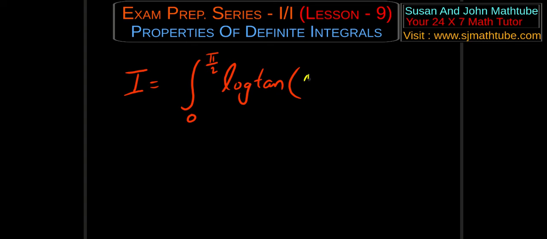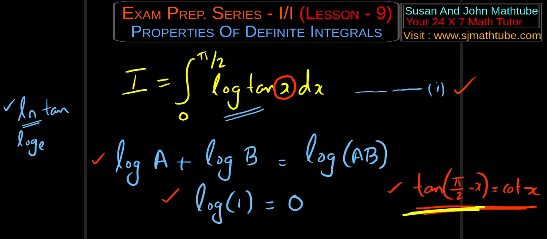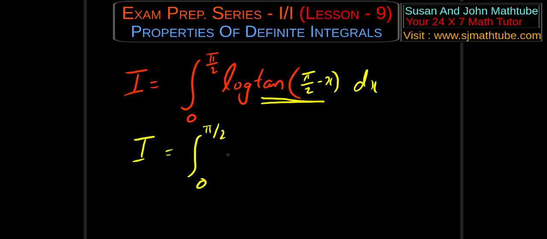So, the argument should change into upper limit minus x dx. Okay, so we end up with 0 to pi by 2. See, I told you, you should be very good with this part. What is tan 90 minus x? Yeah, that is cot x. And that's it. I'm going to call it equation number 2.